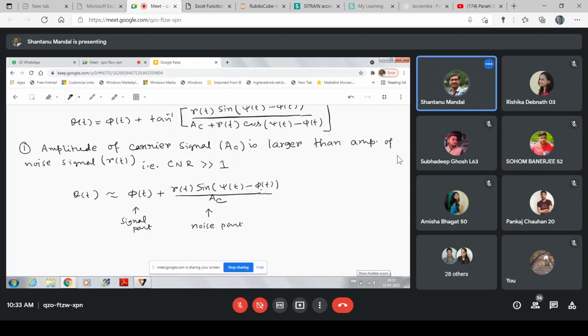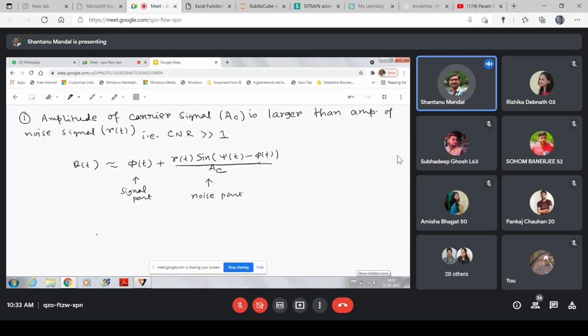Now we have to write down this, that is 2 pi kf into integral 0 to t m(t) dt, plus R(t) by AC into sine of psi t minus phi t. So this is the theta t, that is the input of the demodulator.